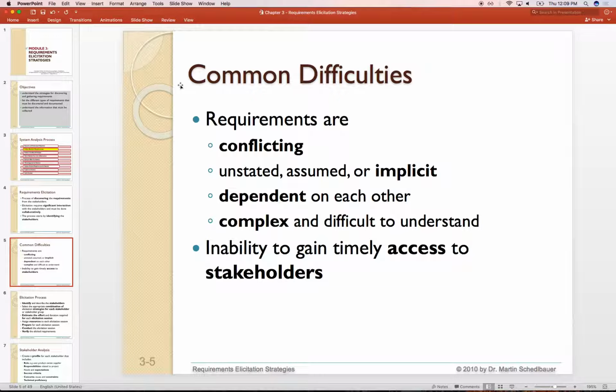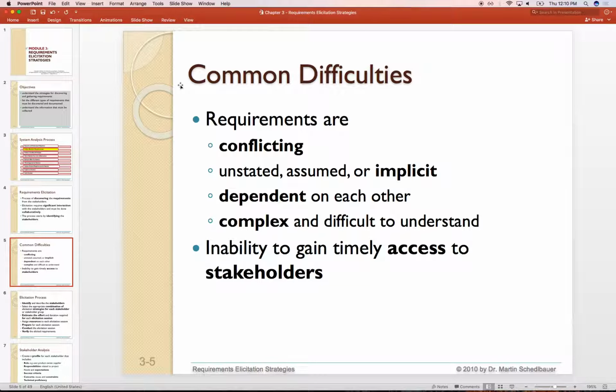They depend on each other, and you need to uncover the dependencies among the requirements. Some of them are very complex for any one person to understand. That's the main reason why we even have a team. No one person can understand it all, and people have bits and pieces of how they understand the overall requirements.